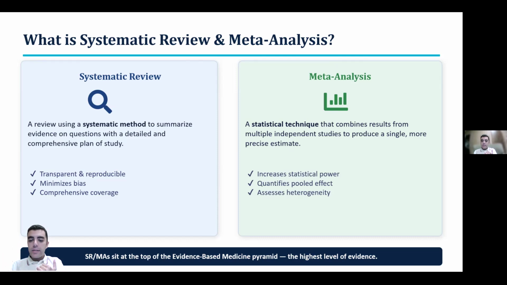While the meta-analysis is a statistical technique that combines results from multiple independent studies to produce a single, more precise estimate. It's like I'm gathering all the previous studies and comparing before and after to have a final analysis to show which was better. For example, I want to investigate whether AI enhances customer service in hotels.